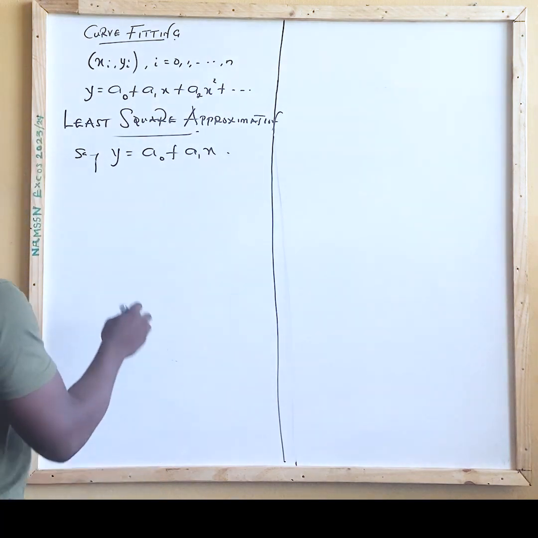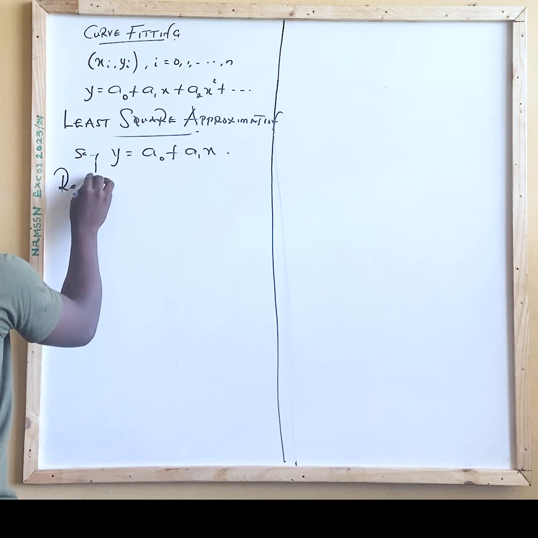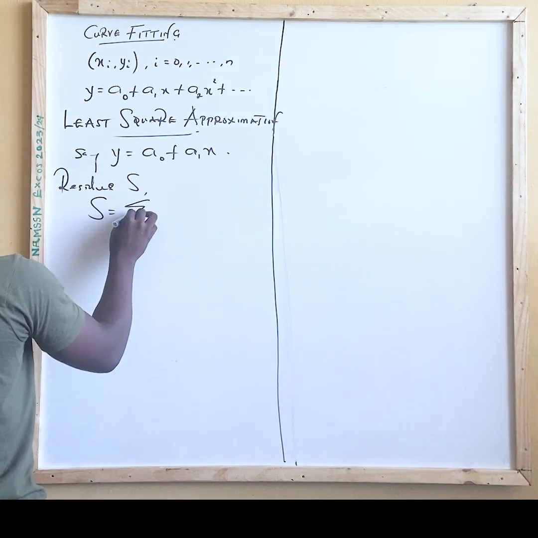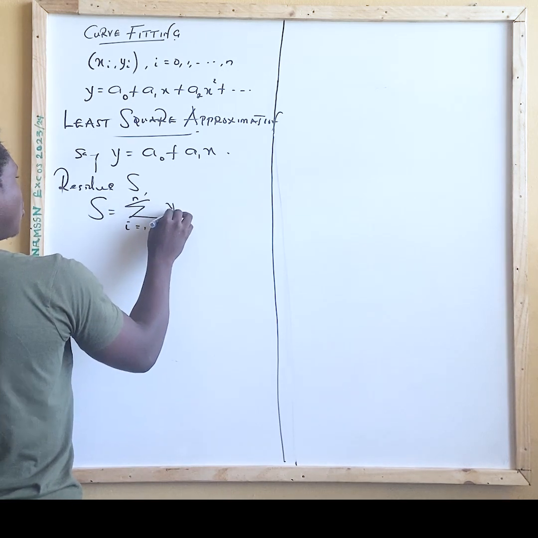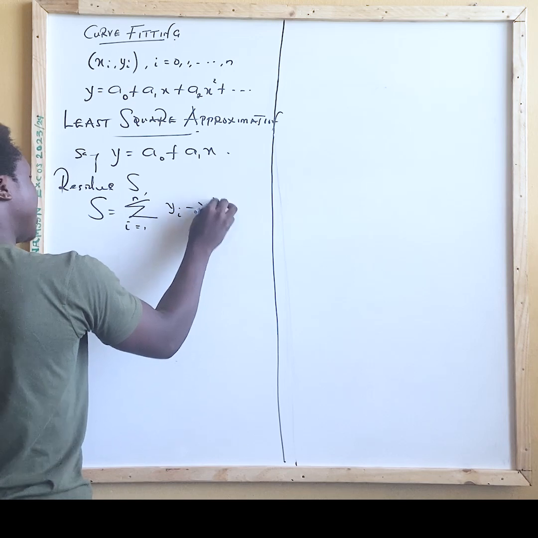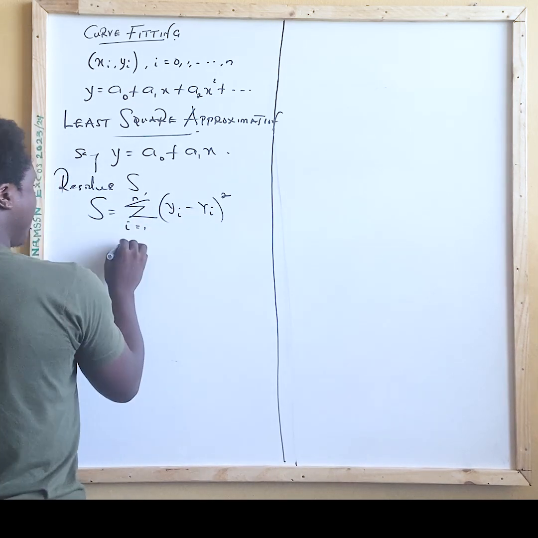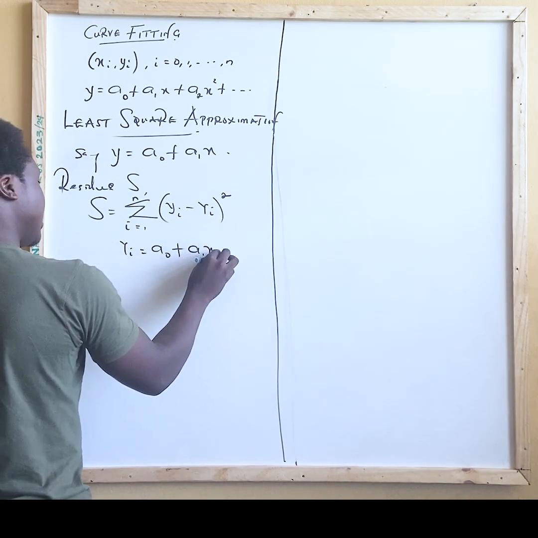Okay, so the first thing we do is we get a particular residue. Our residue s is given as s equal to summation i from 1 to n, yi minus Yi to power 2, where Yi is equal to a naught plus a1 xi.